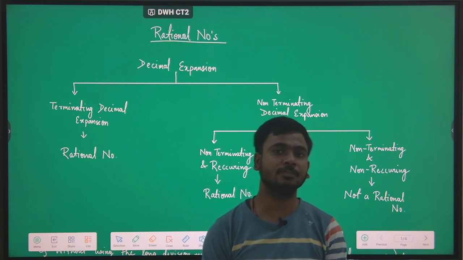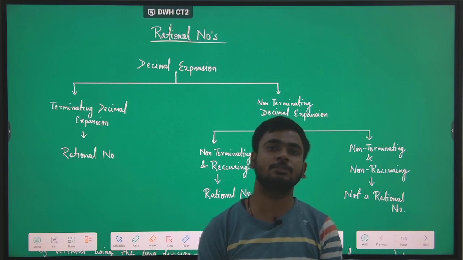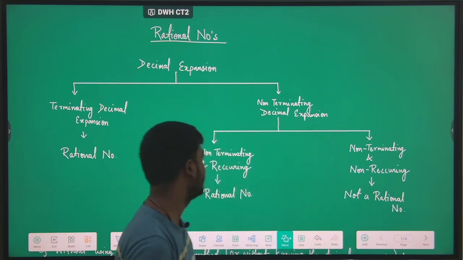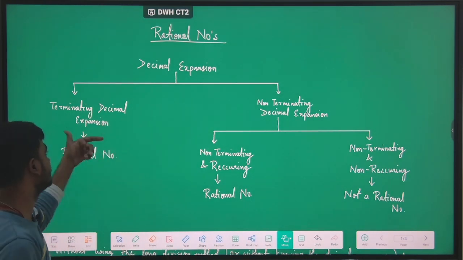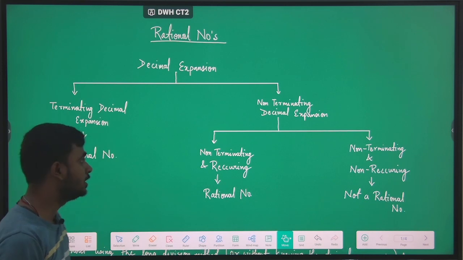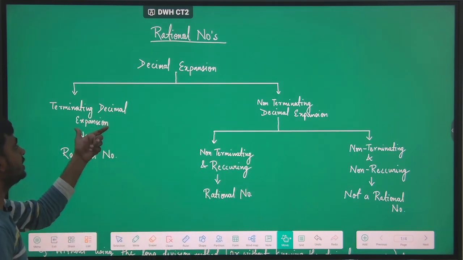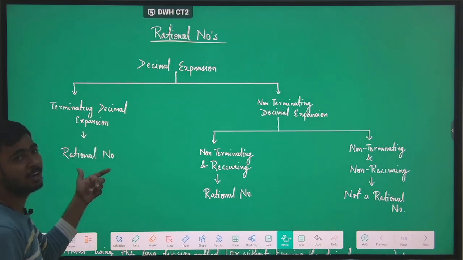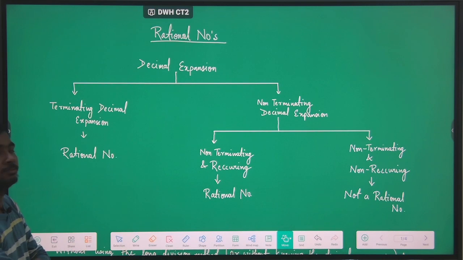Okay, so in the previous class we studied decimal expansion and its types. Decimal expansion is of two types: the first is terminating decimal expansion and the second is non-terminating decimal expansion. In terminating decimal expansion, we saw how to express it as a rational number.